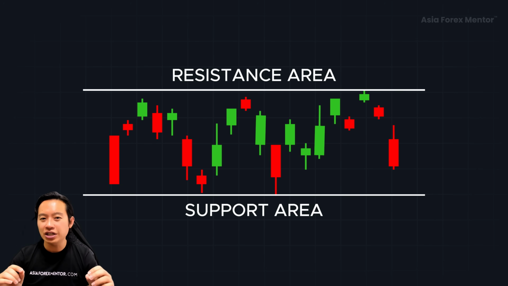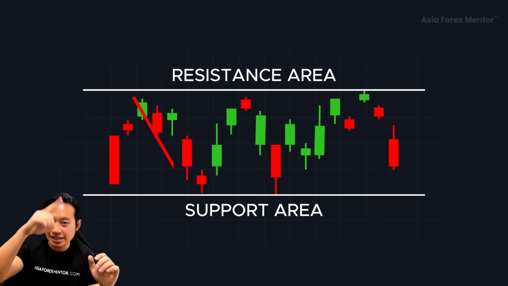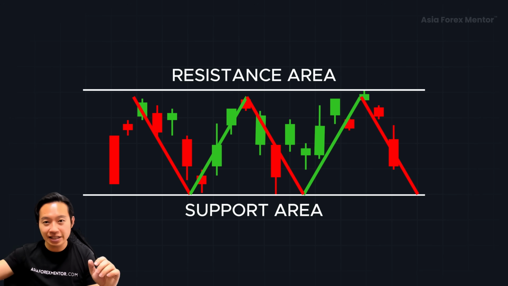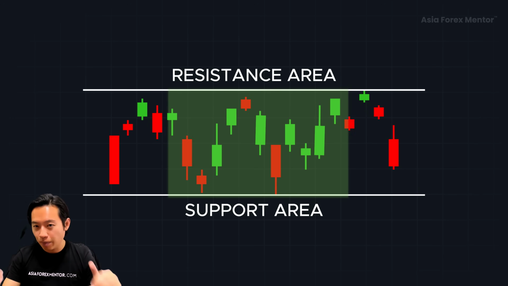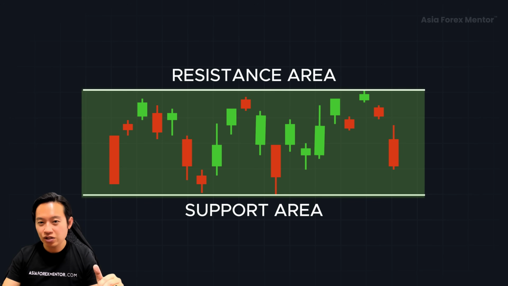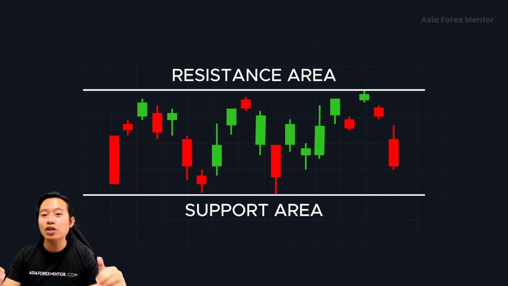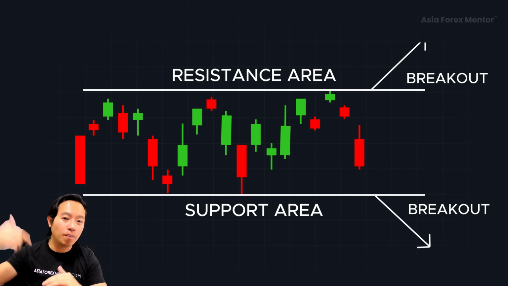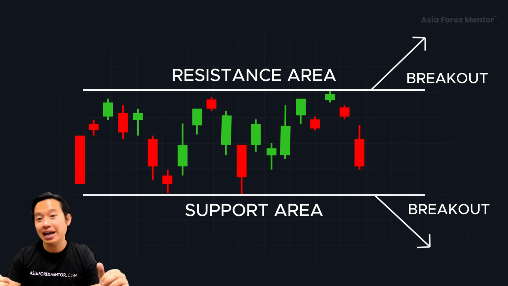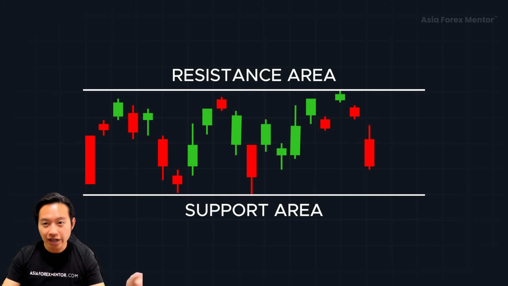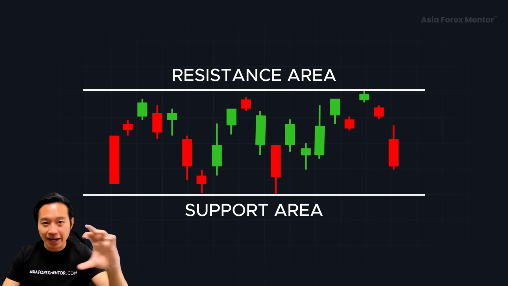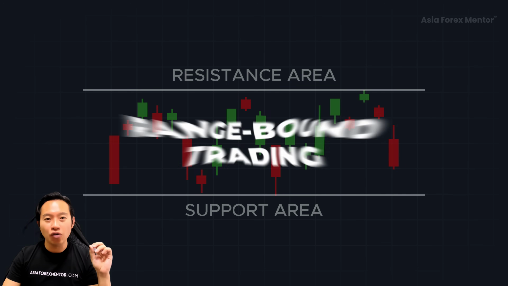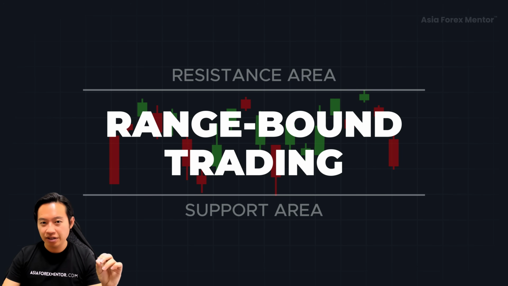So this strategy, the box trading strategy, allows you to capitalize when price oscillates within the box, and then you can also wait for potential breakout opportunities on either side as well. So this market creates an ideal scenario for range bound trading.